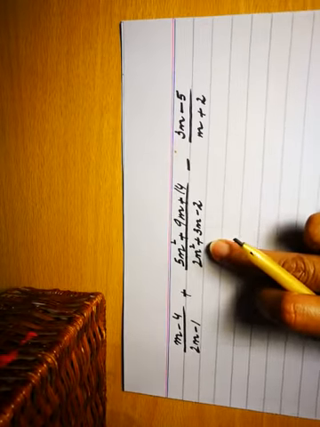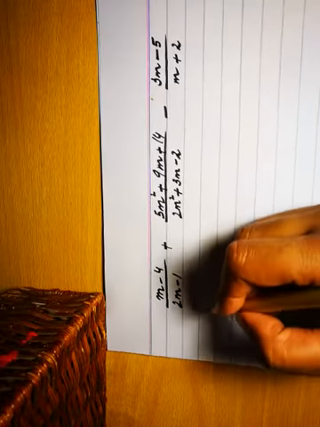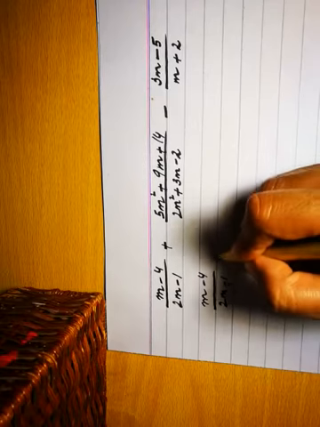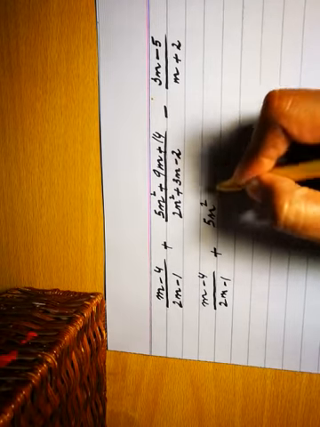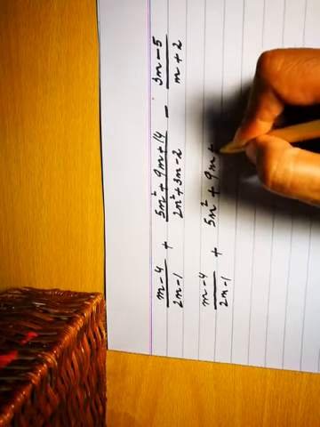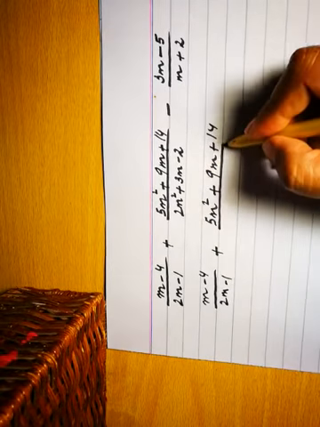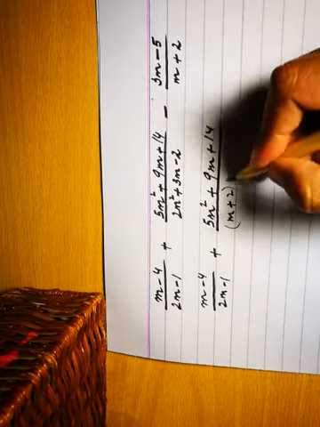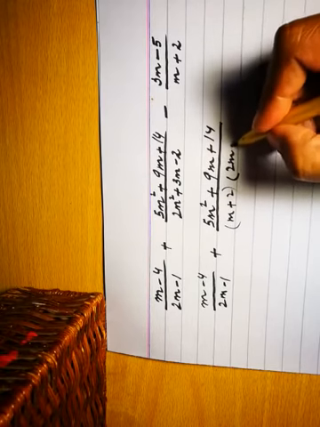So what does it mean? Let me write it down one more time for you. That is 2m minus 1 plus 5m square plus 9m plus 14 over m plus 2 and 2m minus 1.